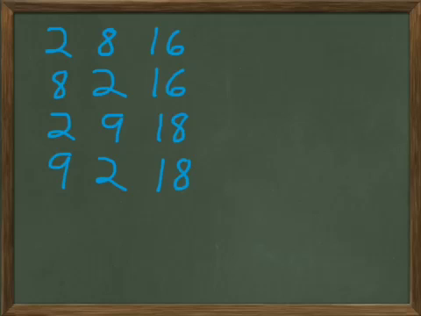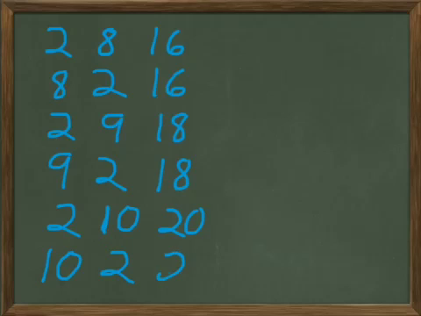Now the last pair we're going to do is 2 times 10. What do you think that is? 2 times 10 are 20. How about 10 times 2? 10 times 2 are also 20. Okay, we'll stop there on those multiplication problems.